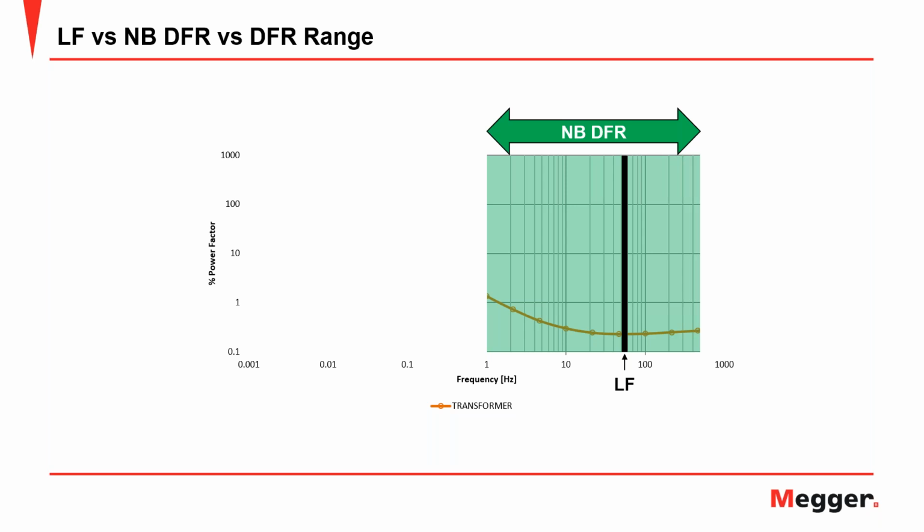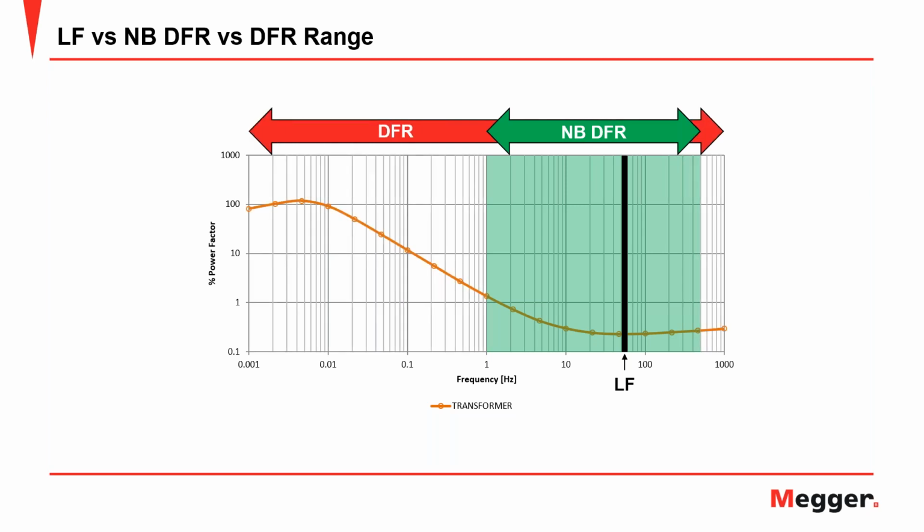So you can immediately see the difference in the amount of information that you get now from this narrowband dielectric response. And from here, if we need to go into definitive analysis of the condition of this bushing, we will go into the full spectrum dielectric frequency response that will cover the vast range of 1 millihertz all the way up to 1,000 hertz.